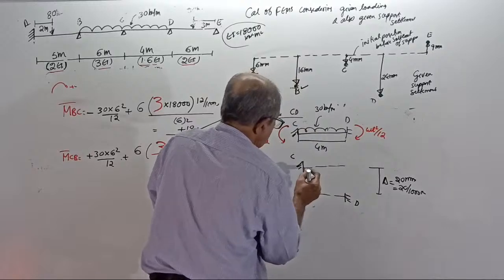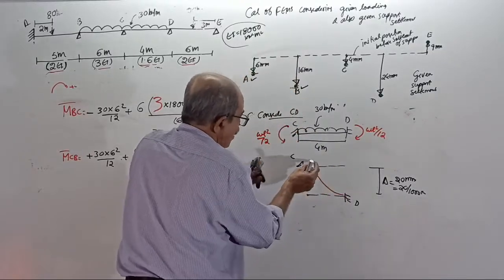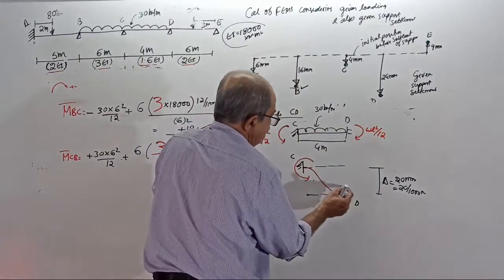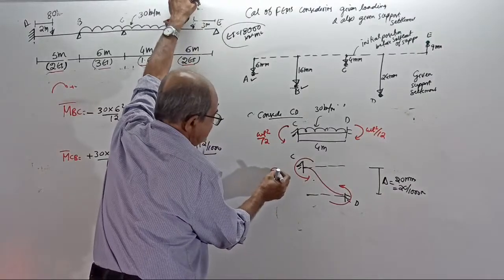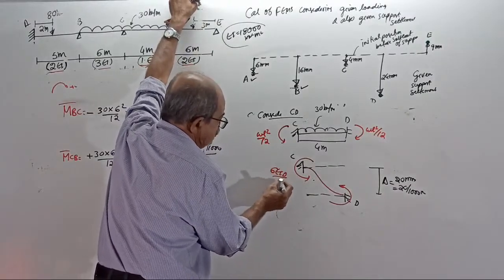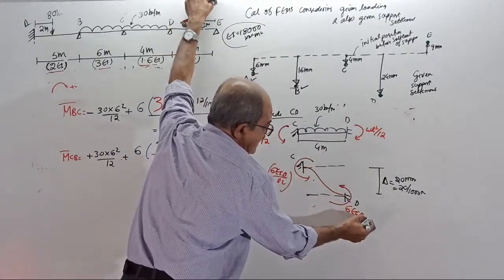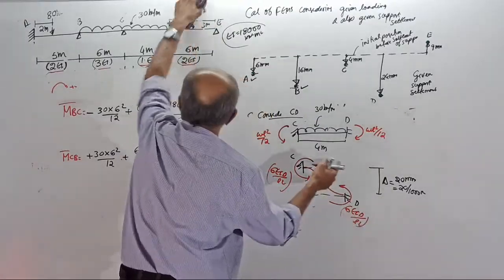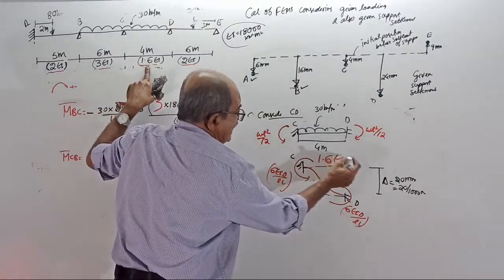So the elastic curve will go this way, and now see, it goes this way. Both are anti-clockwise. Formula 6 EI delta by L square for this member. This also 6 EI delta by L square for this member. Don't forget that member has got 1.6 EI.